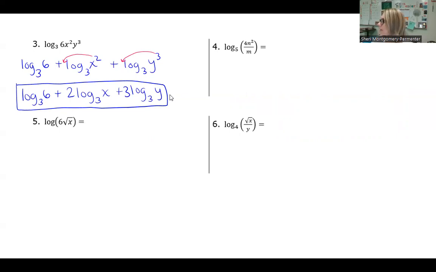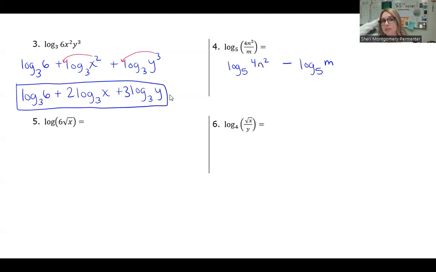For the next one, I am dividing. So when I divide, how does it split? Subtract. So I'm going to do this bit by bit. So I'm first going to subtract. Is there anything else that needs to be split up or expanded?